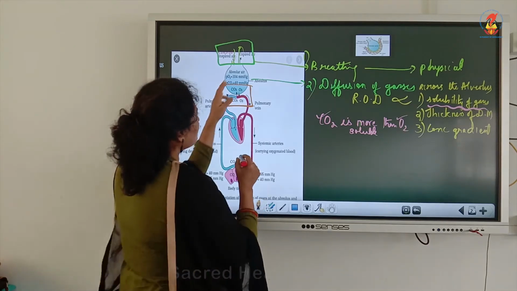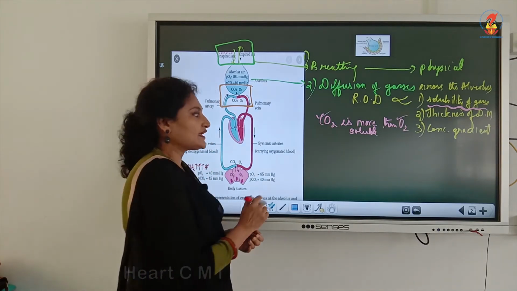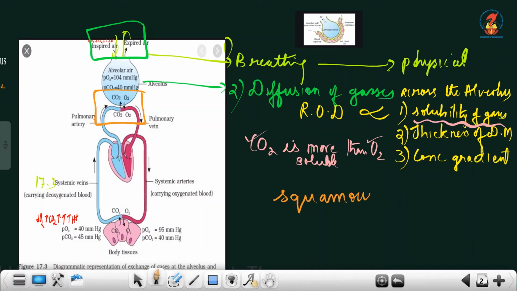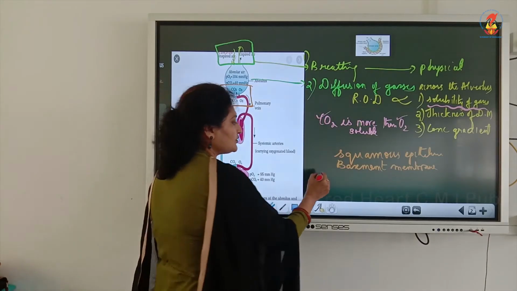The membrane surrounding the alveolus, as we have learnt in animal tissues, is the squamous epithelium of the alveolus. Then there is a basement membrane. And then we have the blood vessel, whose tissue we know is endothelium.